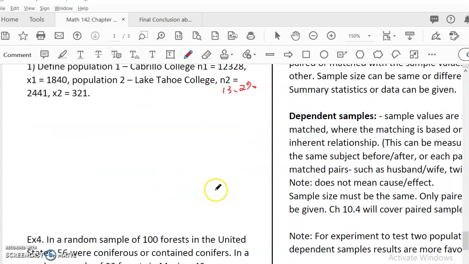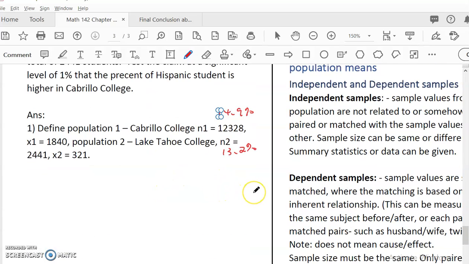I don't have any procedures here, so I would just do it free-handed. First you have the data, and then what is the claim? The claim is Cabrillo, which is p1, right? So you would say the claim is p1 greater than p2.